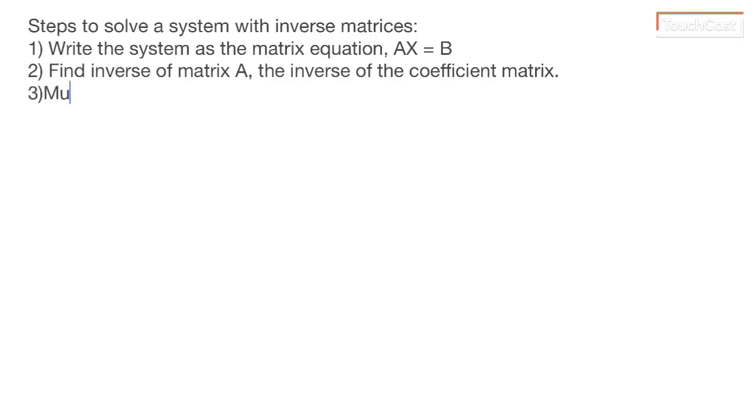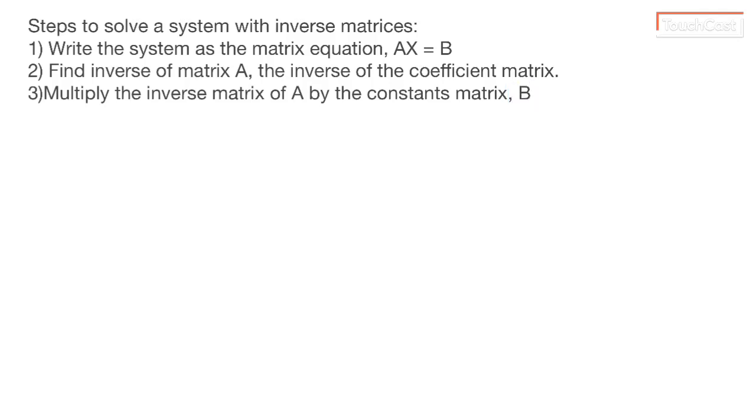And then lastly, we're going to multiply the inverse matrix of A by the constants matrix, which we've called B. So we can get that matrix X is equal to the inverse matrix of A times matrix B. So let's look at some examples.